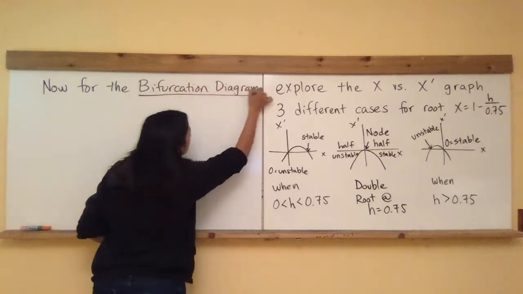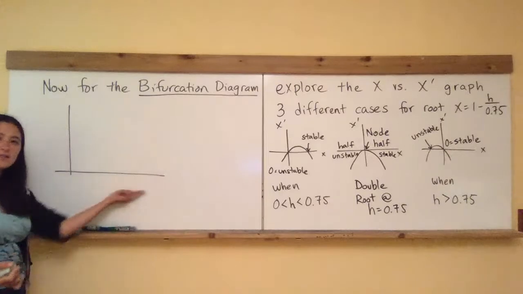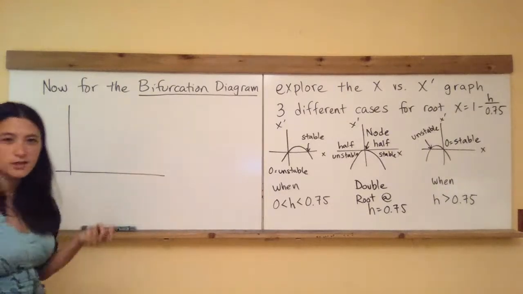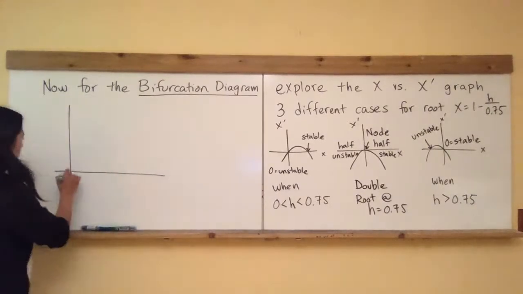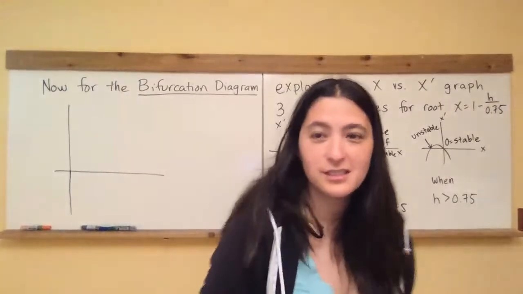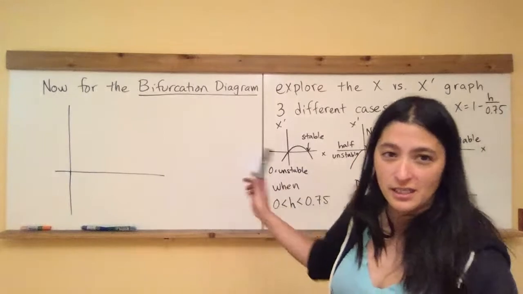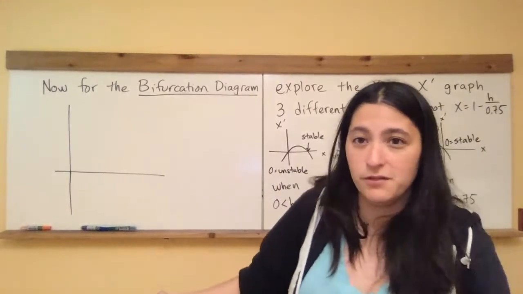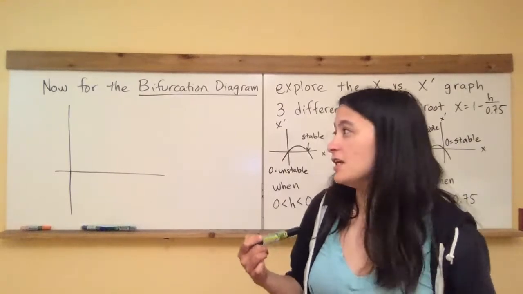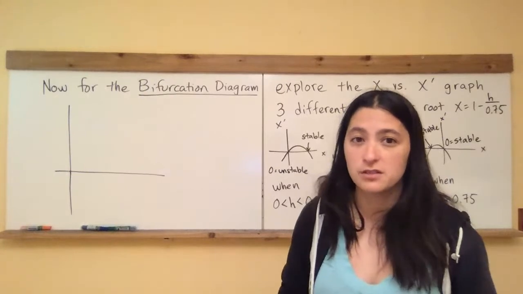Now, you tell me, what am I going to label on my horizontal axis? What am I supposed to be looking at here? What am I looking at on my vertical axis? You tell me. I'm going to get a drink and take a break while you think about this, because this is really where the learning happens, is just any idea. It's okay if you're wrong. If you are wrong, it'll give me an idea of where any misunderstandings might lie, and that will give us the opportunity to clear them up.